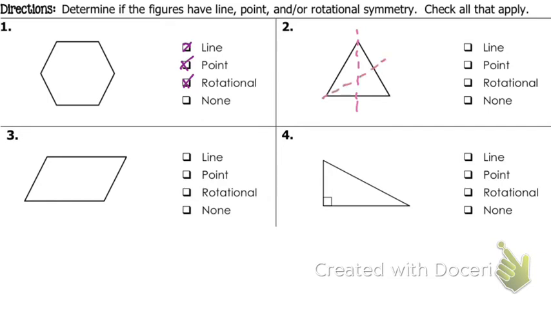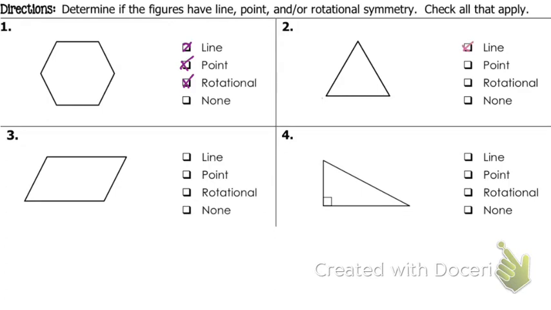If you were to fold your paper over that, it would be the same on each side. Go and try it. It does. And you could do it through this one too. On this triangle, you can. So it does have line symmetry.